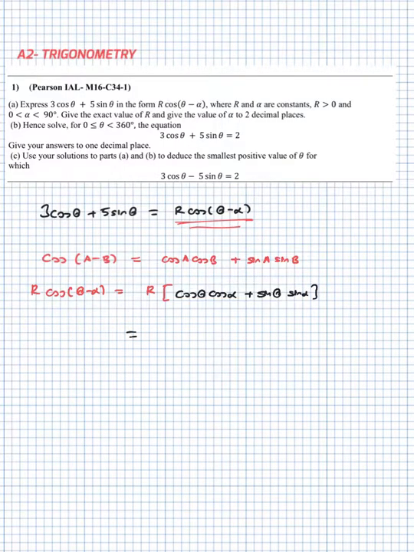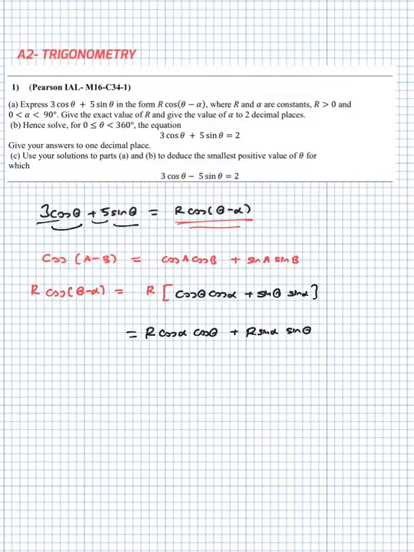And look at this expression. It is something times cosine theta and something times sine theta. So let's rearrange the expression here: r cos alpha cos theta, and then similarly r sine alpha sine theta.